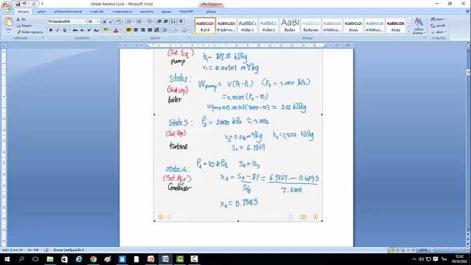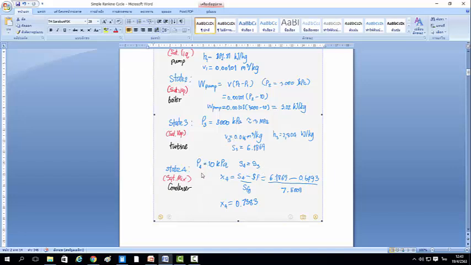Move to state 4, saturated mixture in the condenser. This state will be the difficult part because we cannot open the table directly, because these are saturated mixture. They have no fixed number of enthalpy or specific volume or entropy.